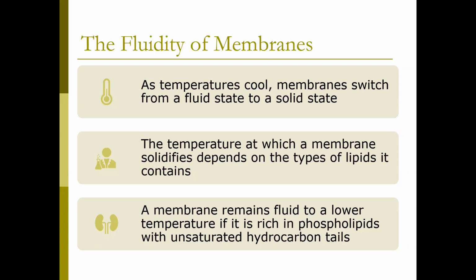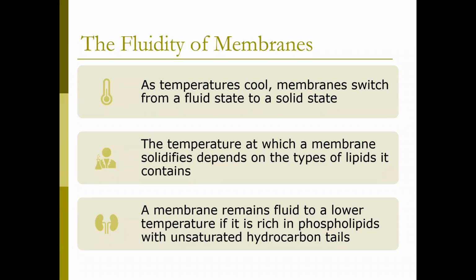Our membranes are going to be rich in phospholipids with unsaturated hydrocarbon tails. This allows our plasma membranes to remain fluid even if the temperature drops. We don't want a solid plasma membrane because that makes it more likely to rupture.